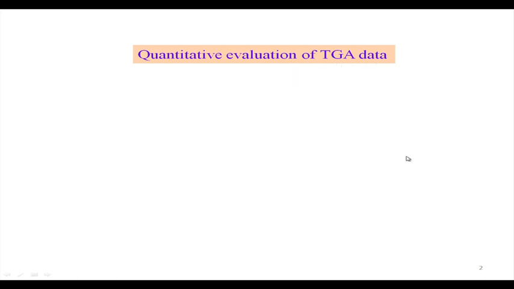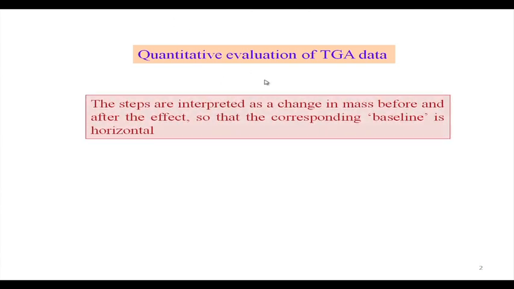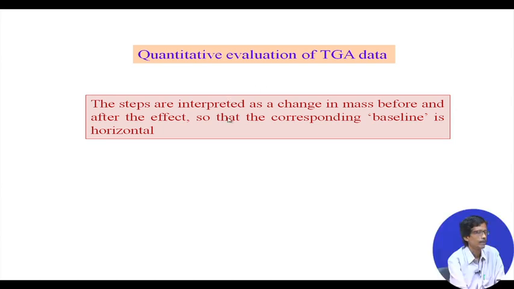So, we plot temperature versus mass of the sample, and now we try to evaluate the information we can gather, which is quantitative in nature, known as the quantitative evaluation of the data we can get from thermogravimetric analysis. So, we can have different steps, and those steps can be evaluated as a change in mass before and after the effect. So, the corresponding baseline is horizontal.